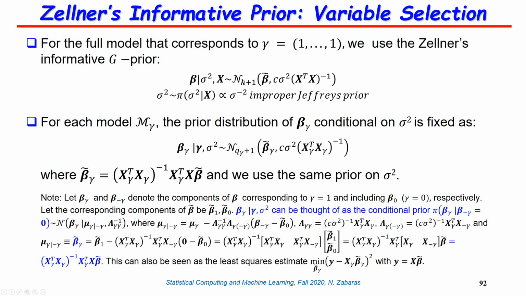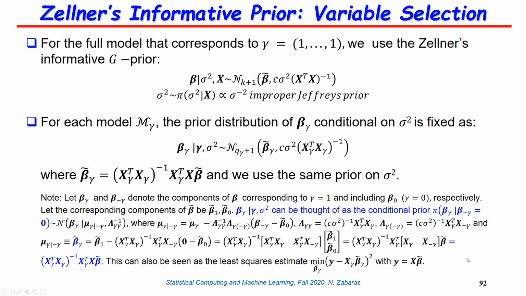So the question is, using this full model, can you derive the conditional distribution of beta gamma given beta minus gamma? And the answer is, if you follow the algebra and use the partition of this covariance matrix using a partition of the precision matrix, it turns out that you get exactly the same answer as solving this least squares problem.